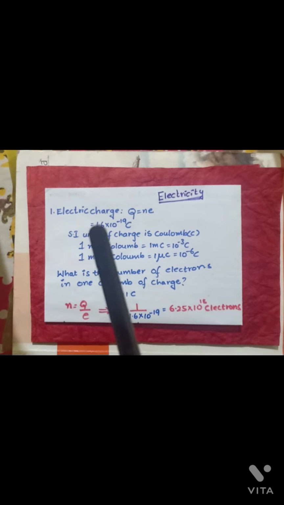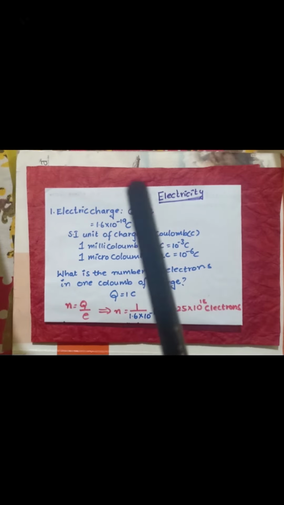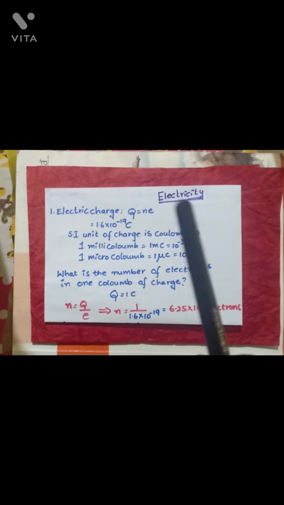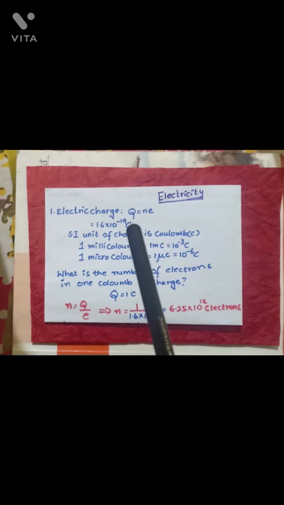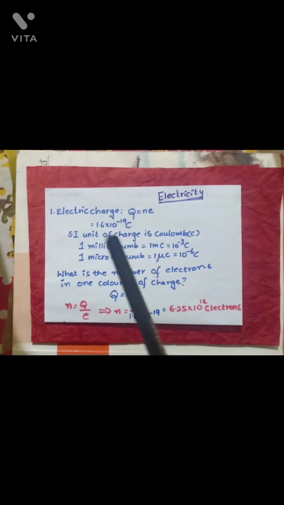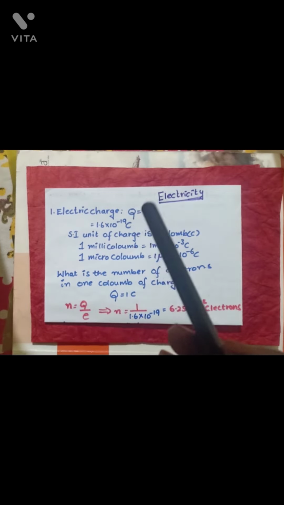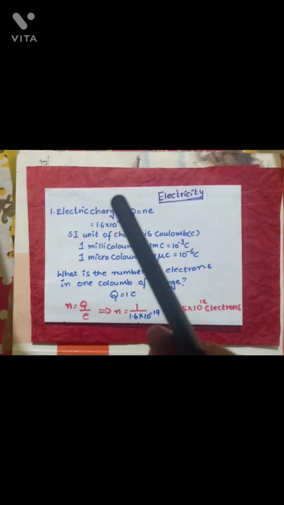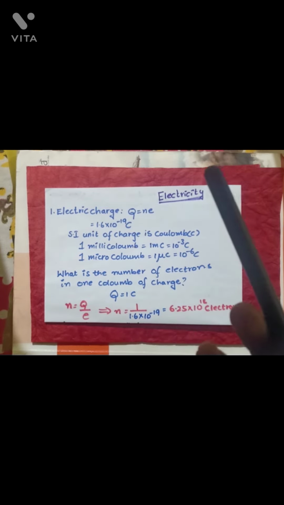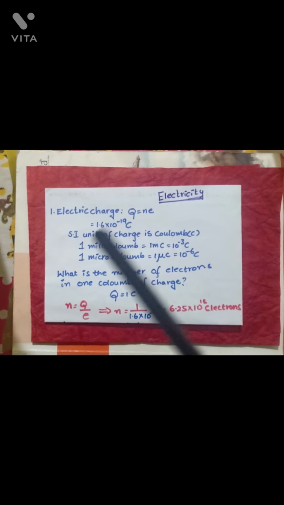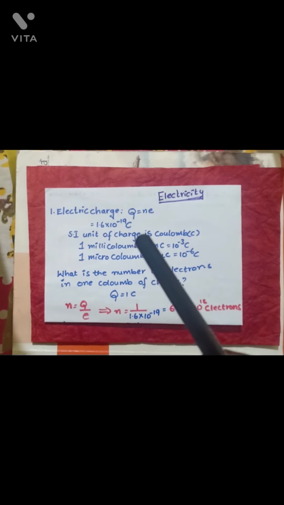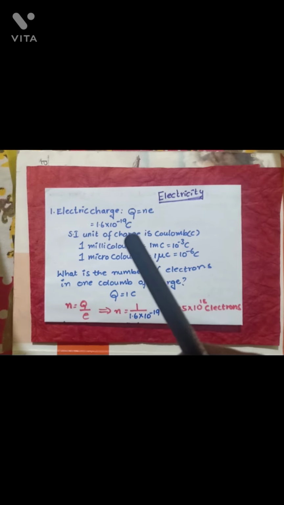So as an atom has at the center the nucleus and protons, as I told you in the introduction, what are these protons? Protons are positive and electrons are negative. So electrons can only move because the nucleus is tightly holding the protons. They are inside the nucleus, so they are not going to come out.